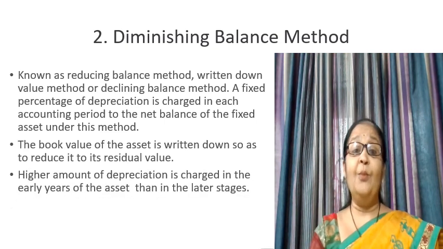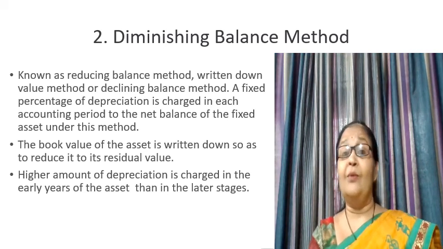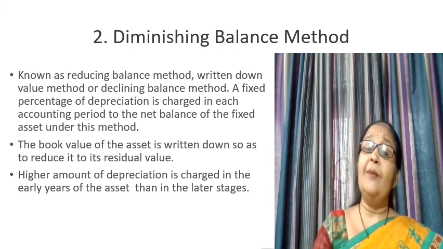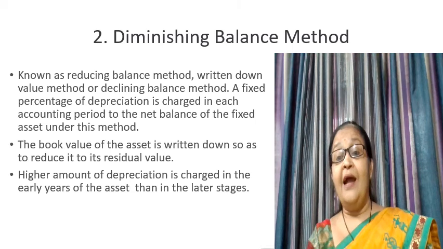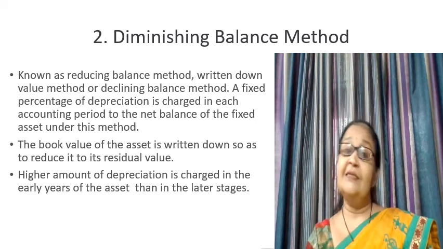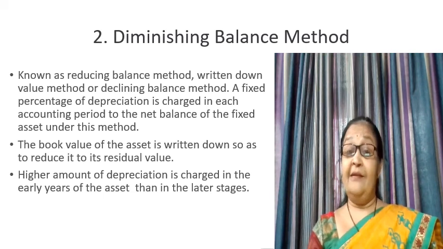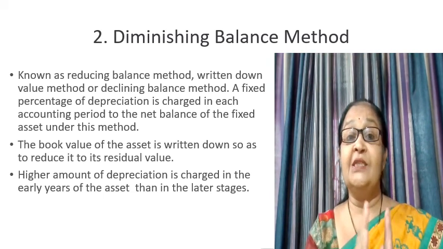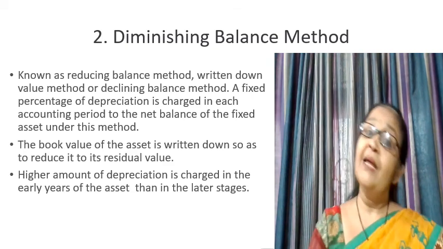Now, as the book value of the asset reduces every year, so does the amount of depreciation. Accordingly, a higher amount of depreciation is charged during the early years of the asset as compared to the later stages. This is most important, friends. The charge of depreciation along with the value of depreciation keeps on reducing with the passage of the life of the asset.